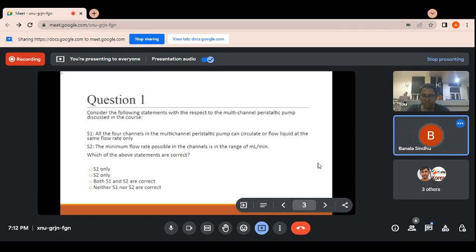Yes, ma'am. No, S1 is wrong because the flow rate is different. And also in the second statement, the minimum flow rate possible in the channel is in the range of microliter per minute. So both statements are wrong. So option 4, neither S1 nor S2 is correct, is the right answer.